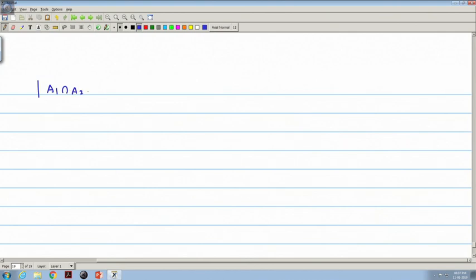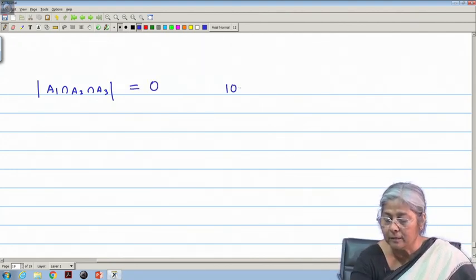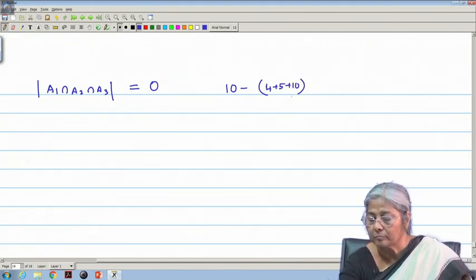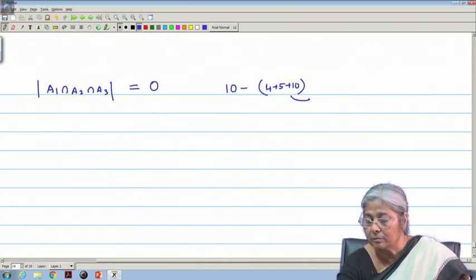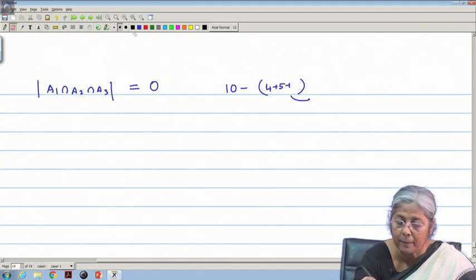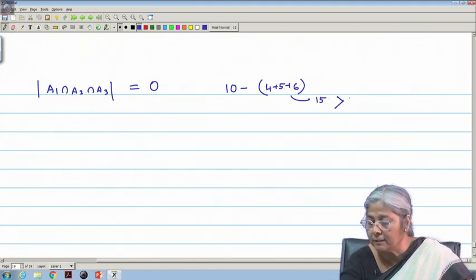Similarly, this becomes 0, because here this is 10 minus 4 plus 5 plus 6. So, 4 plus 5 plus 6 is 15, which is greater than 10.